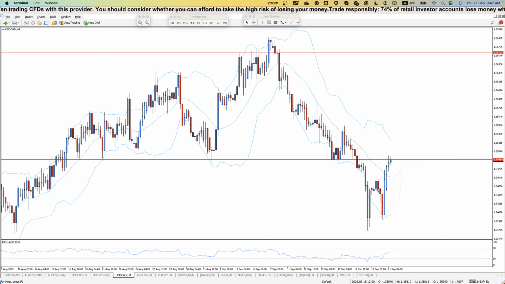Now this is what we call a failure, non-failure swing in the market, and a break above this high, because that's the market structure. This impulse move created a new low in the market, so this becomes the new high.